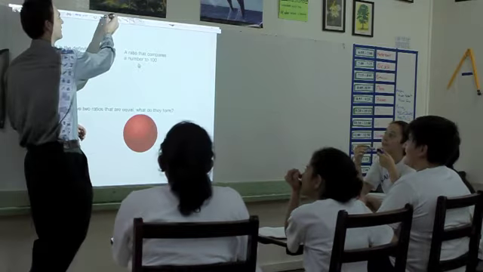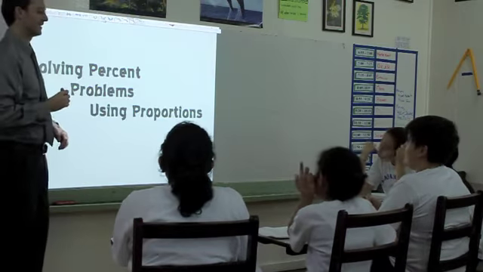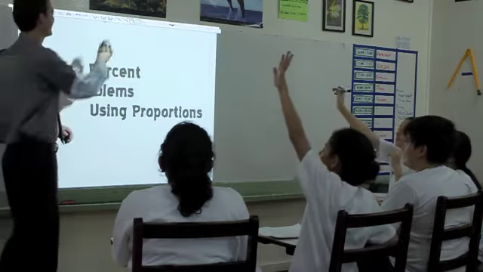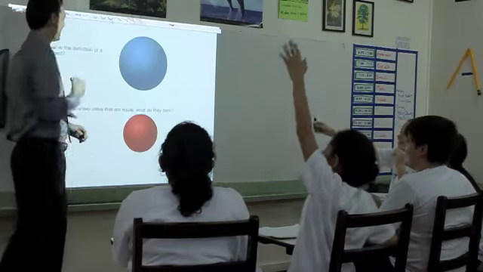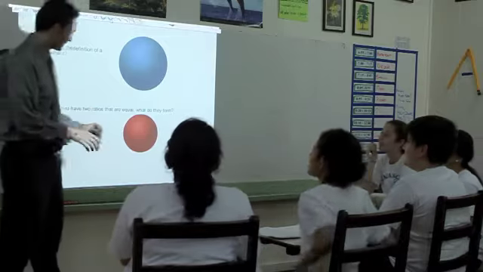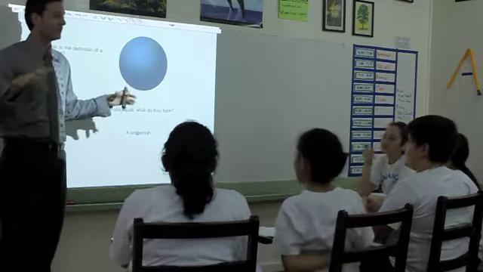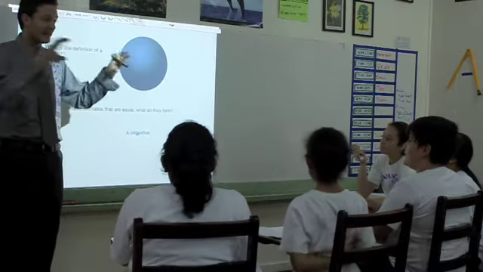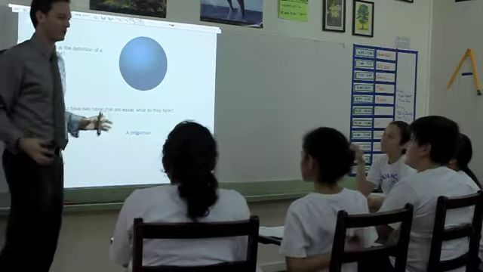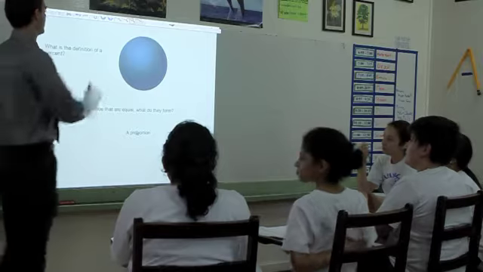Let's go back here. Any clues here? Percent. Not percents. Proportions. Absolutely. So when you have two equal fractions, and those fractions represent ratios, and they have an equal sign in the middle, that's called a proportion, all right? And that's what we're going to be working with today.